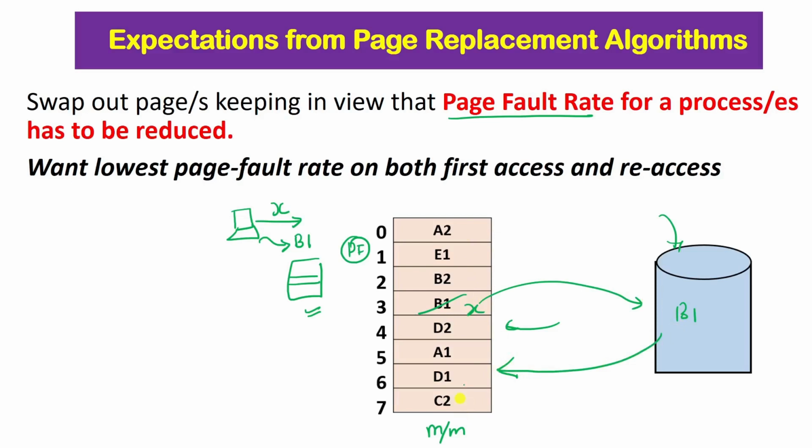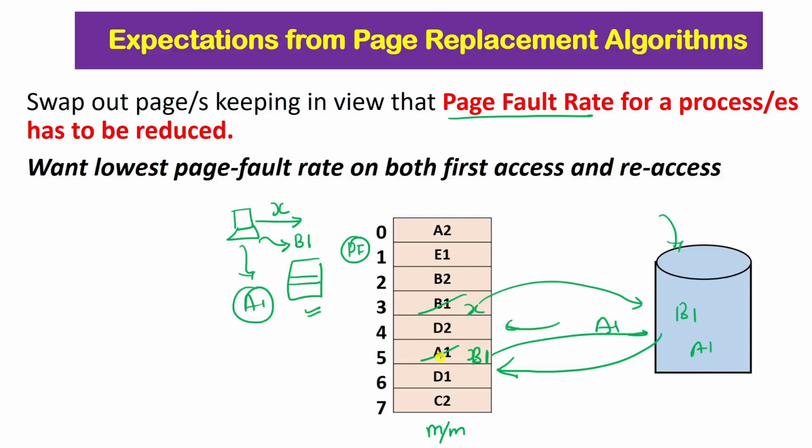Now where should it be placed? Let's say it is placed here. A1 is selected as the victim page, so A1 is kept here, and we place B1 here. Now let's say next time A1, which is stored inside the hard disk, is asked for.